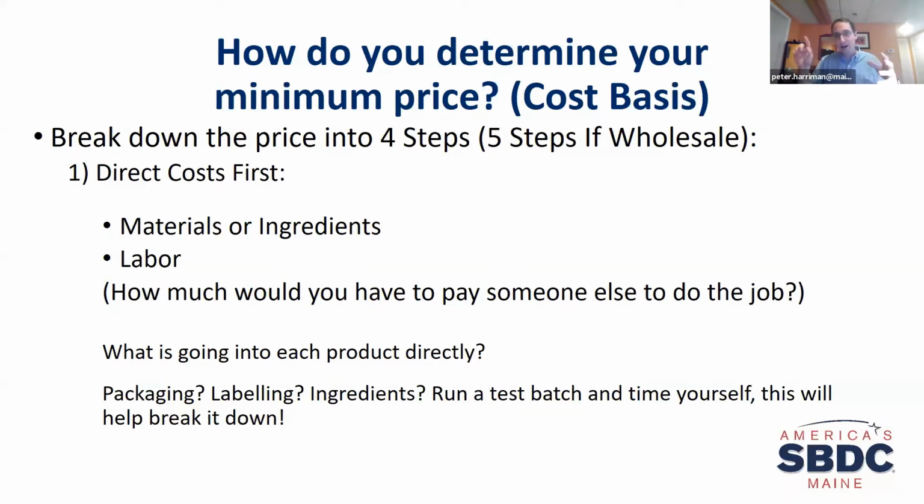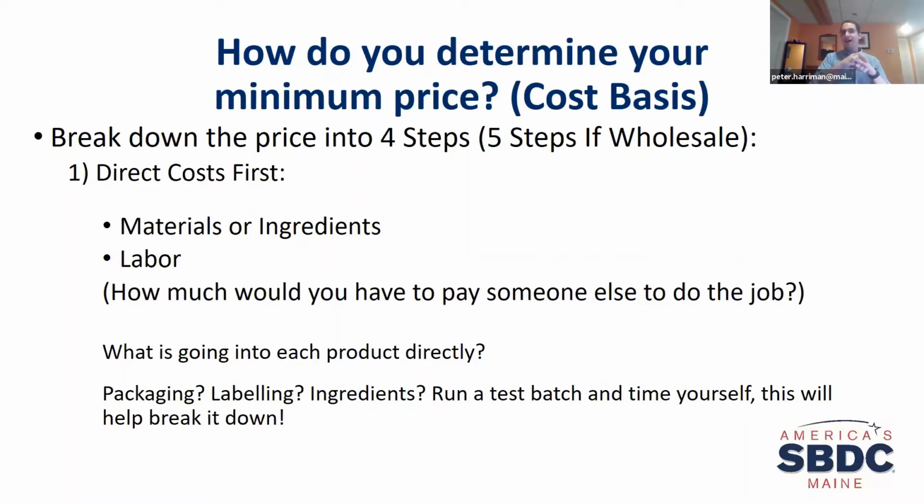Now, I'm going to put a little star by labor because there's 2 ways you could do labor. One is you can do it in the direct cost. And that would be if you knew exactly how much time it took to make each product or to do each service. So if you knew, hey, my service is an hour long, I'm a massage therapist, and I know the amount of oils I use, then that can be in the direct cost.